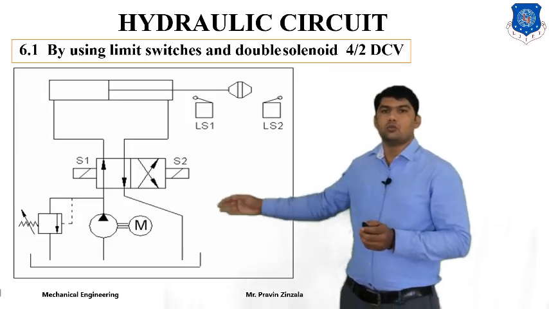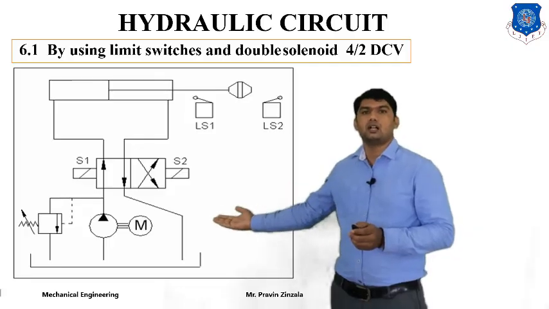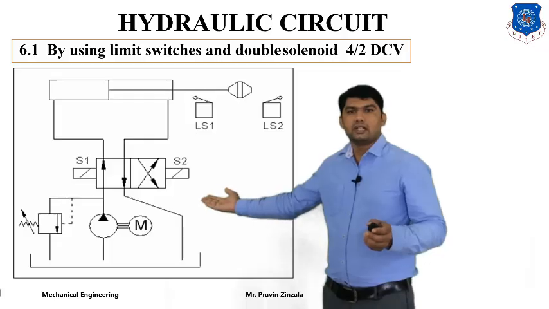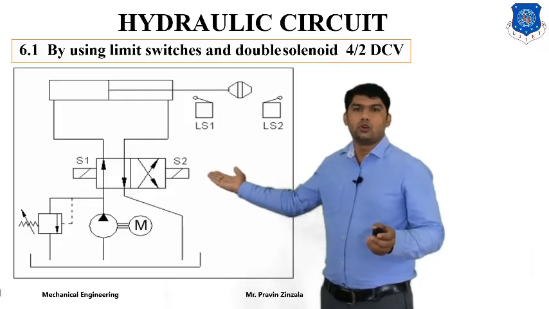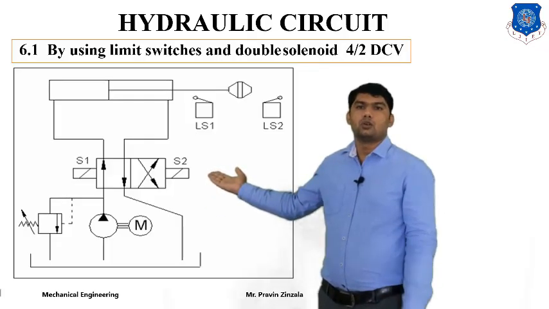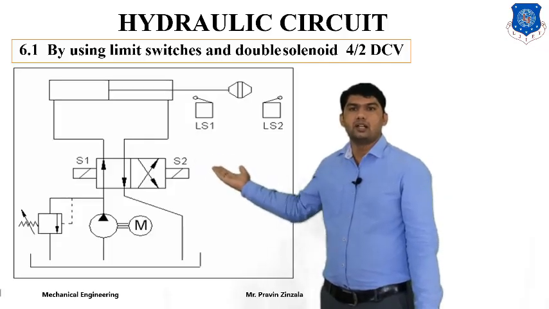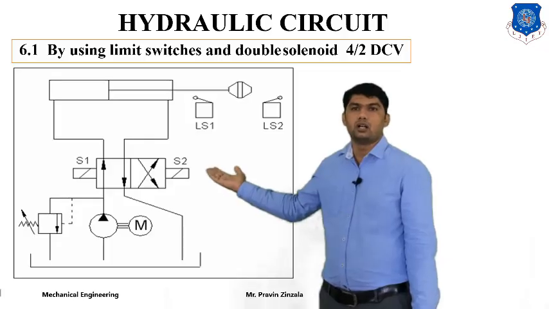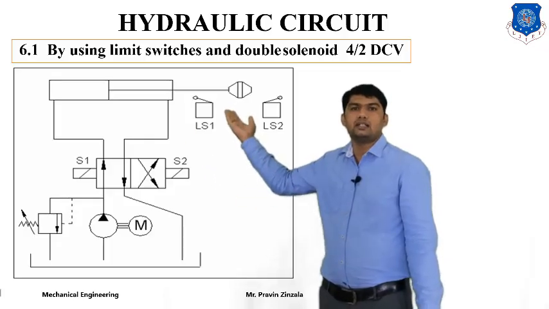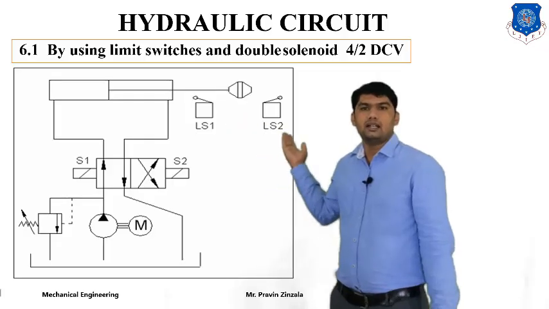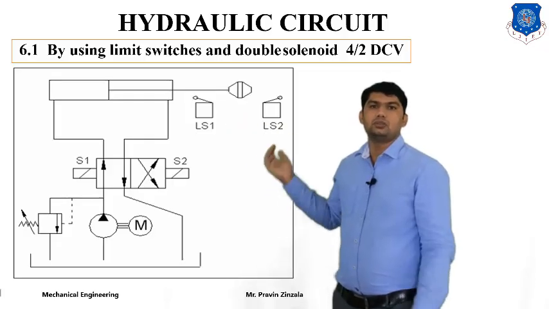In this circuit, the bottom portion is the power pack, like the hydraulic pump, electrical motor, pressure relief valve, and then the 4x2 direction control valve operated by double solenoid. S1 means solenoid 1 and S2 means solenoid 2. Then the next component is the double acting cylinder, and this is limiting switch 1 and LS2 means limiting switch 2.